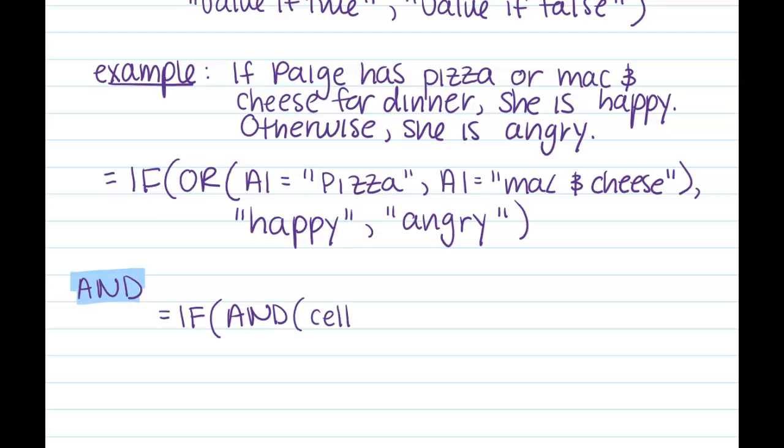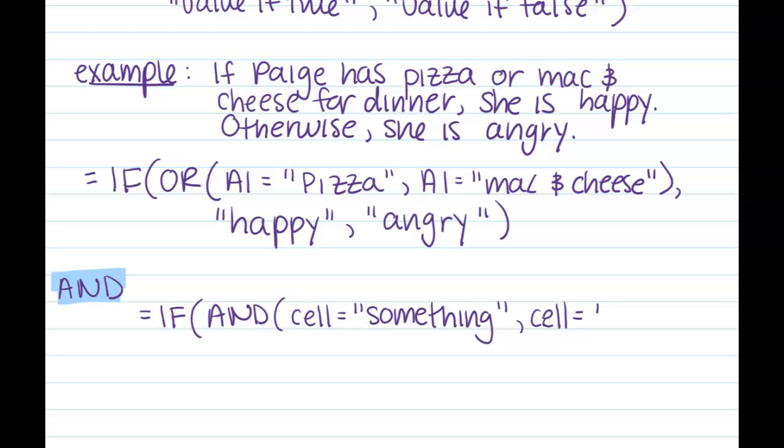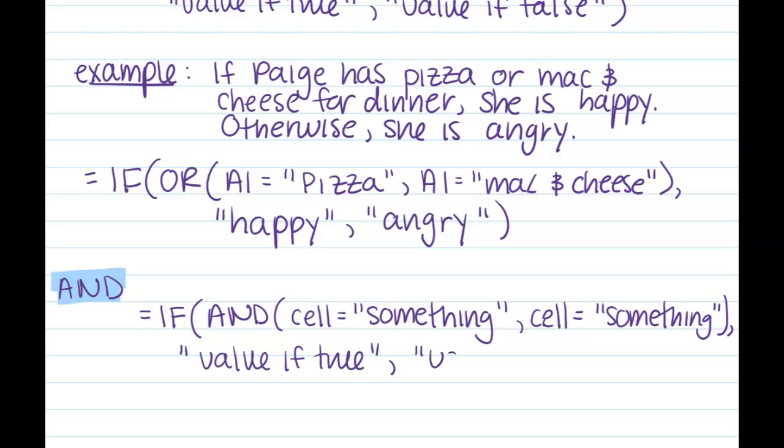Then we'll have cell equals something, and then another cell equals something. Close our parentheses, put a comma. Value if true, comma, value if false.